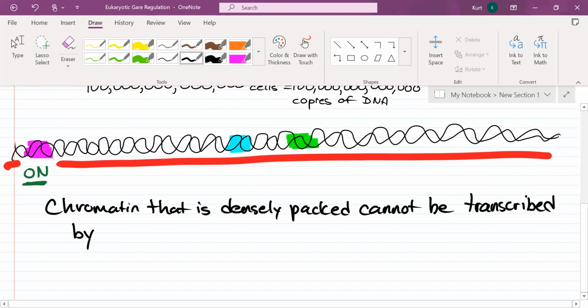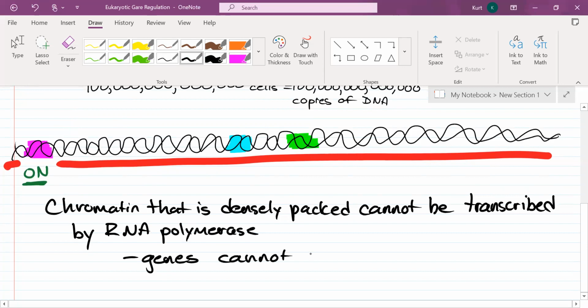You can help me out here, or you can prove my point. What enzyme reads the DNA template to produce an RNA complement? Hannah? RNA polymerase. Chromatin that is densely packed cannot be transcribed by RNA polymerase. So the way that we phrase this, guys, is that the genes cannot be expressed. You can't get to them.